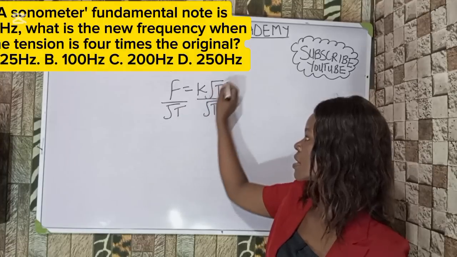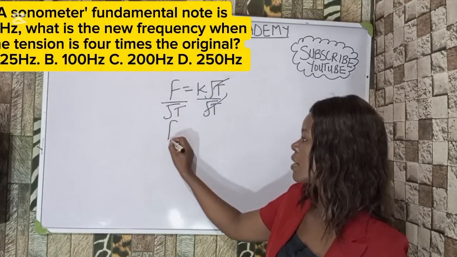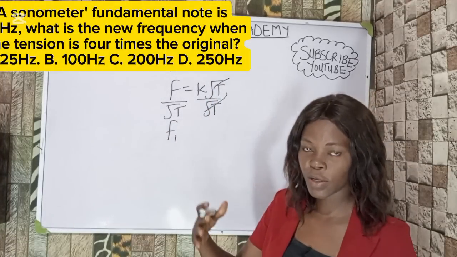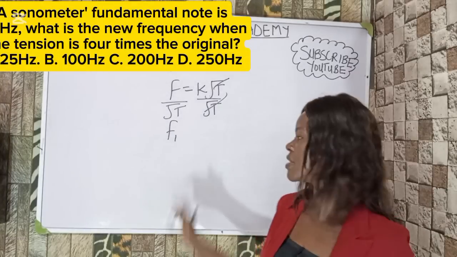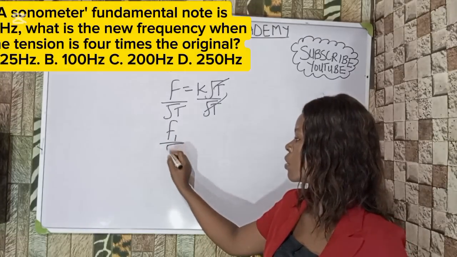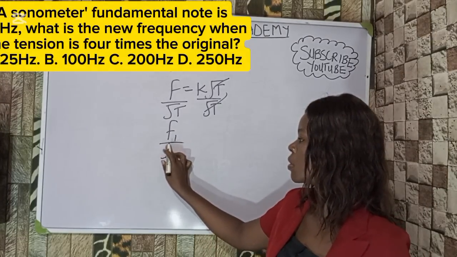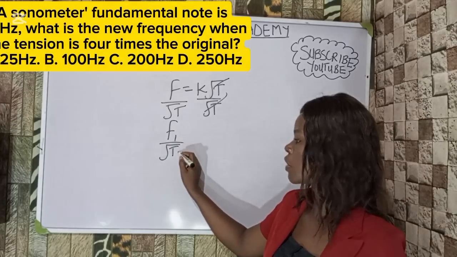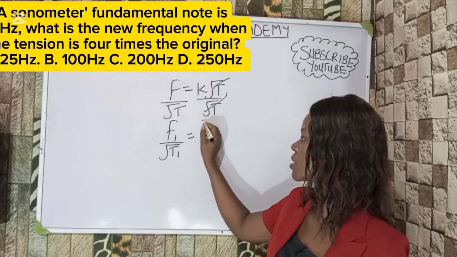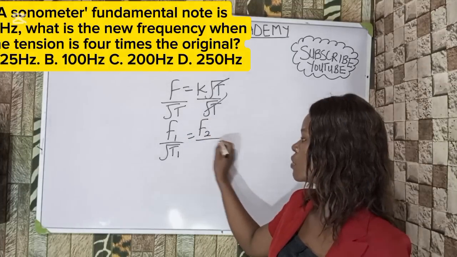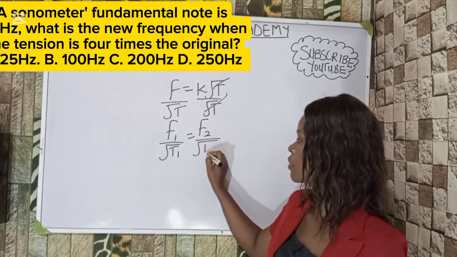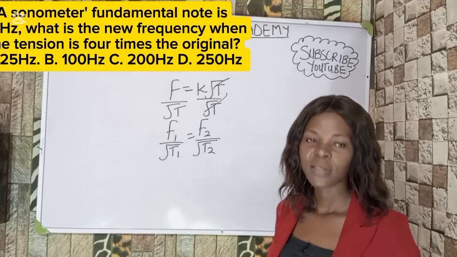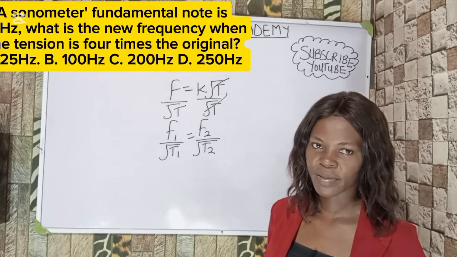Root of T cancels out. So F1 over root of T1 is equal to F2 over root of T2. It's as simple as that. So let's look at the parameters given.